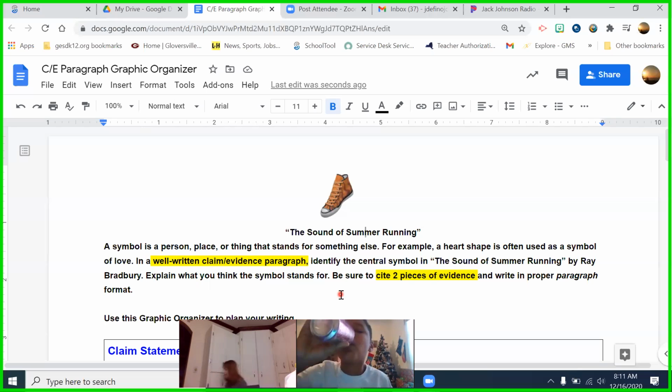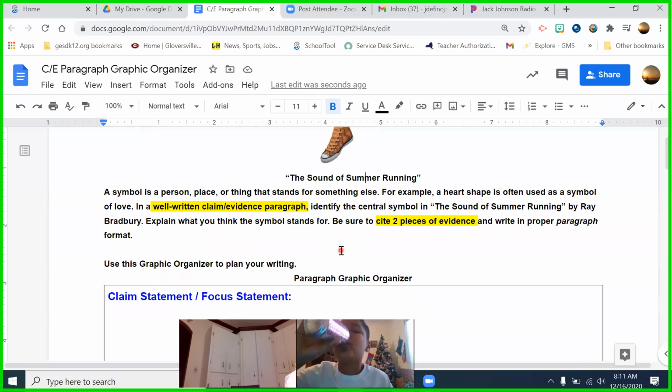What do you think? Guys, this is the thing. If you can't figure out what the question is, you're going to be at a loss throughout the rest of the school year. You need to figure out what it is you have to write about. Yes, we have to write about the sound of summer running, but what specifically do we have to write about? Go ahead, Caden. No, well, maybe, but guys, stop, put your hands down and listen, please.